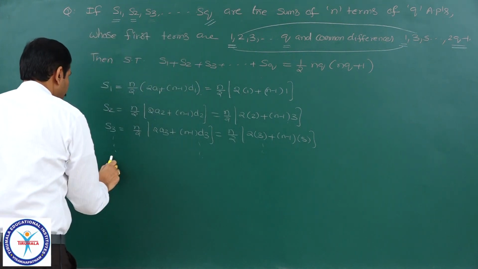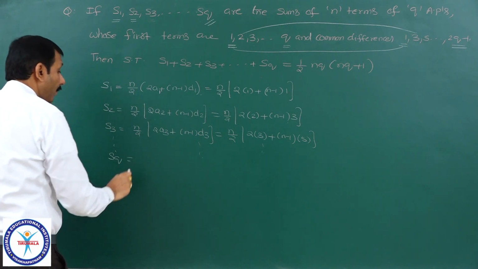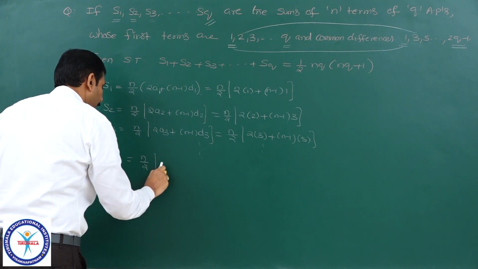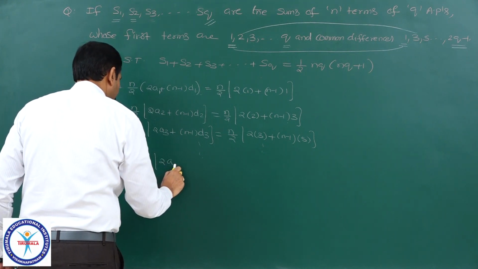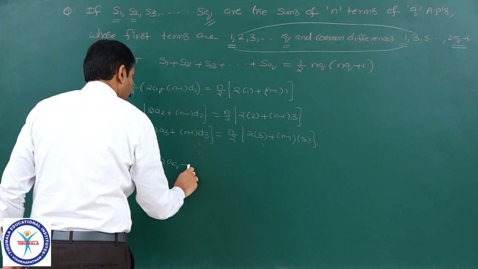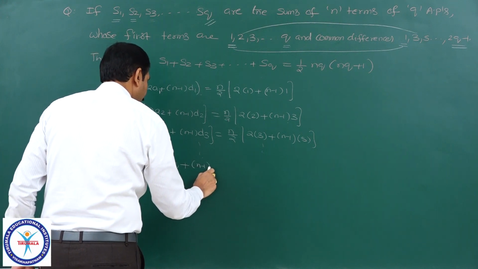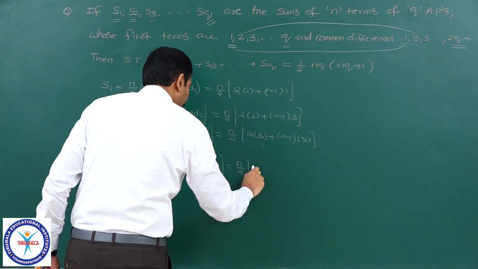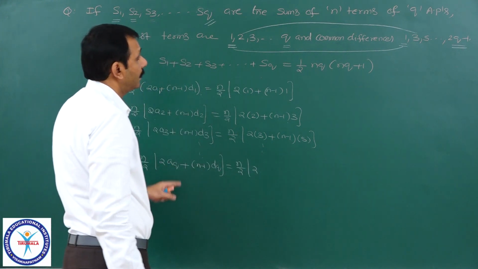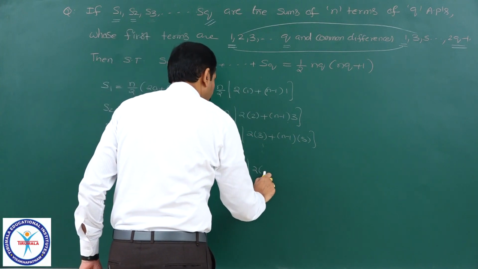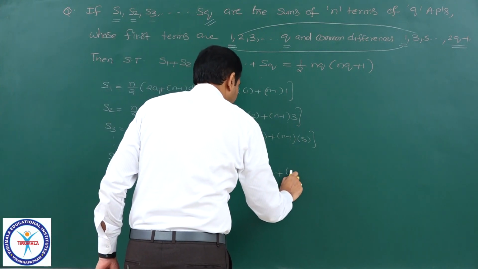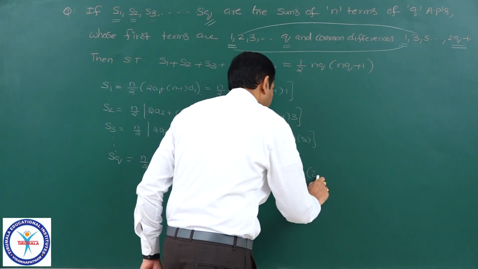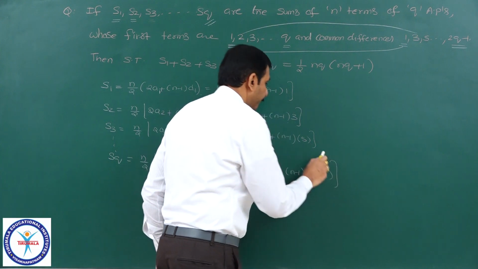I will write Sq as the sum of n terms of the last AP. It is again n by 2 into 2 times Aq, that is the qth AP, plus n minus 1 into Dq. It is equal to n by 2 into 2 times q, the first term, plus n minus 1 into 2q minus 1, the common difference of the last AP.